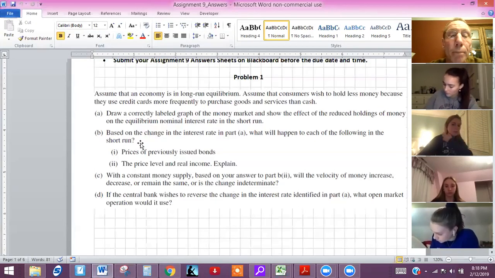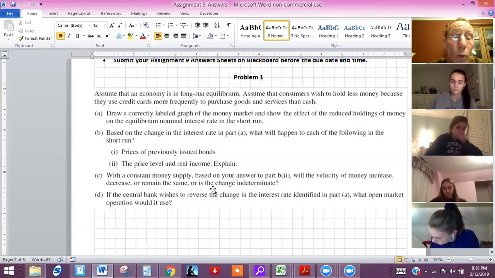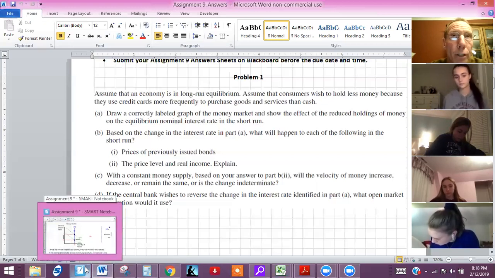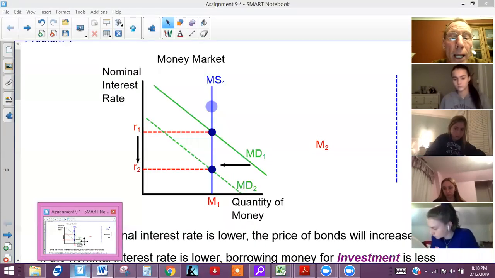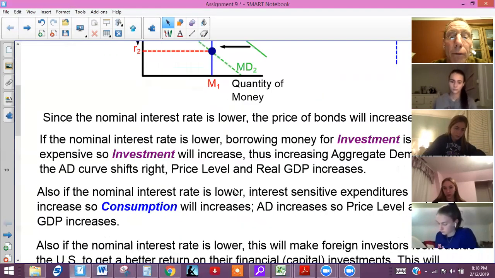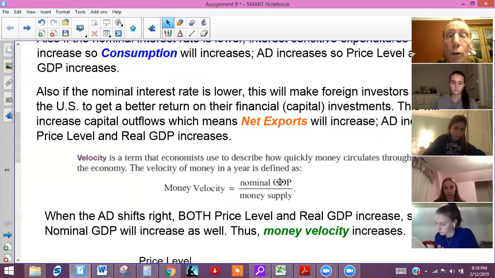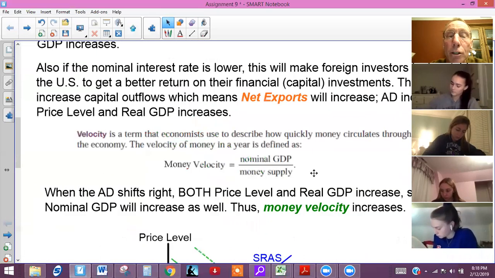Based on your answer in B2, will the velocity of money increase, decrease, remain the same, or you don't know? Okay, well, in order to answer that, you need to go in your chapter 13 or whatever it is, I can't remember. You're reading the chapter you're in right now, and find out that money velocity is nominal GDP divided by money supply, right?